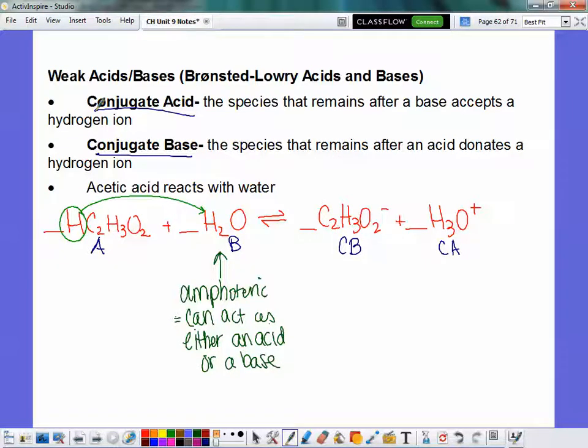The products of Bronsted-Lowry reactions are always ions. Okay? That is the nice thing about them. Or at least at this level, they're always going to be ions. Also, what do you notice about the balancing for this reaction?